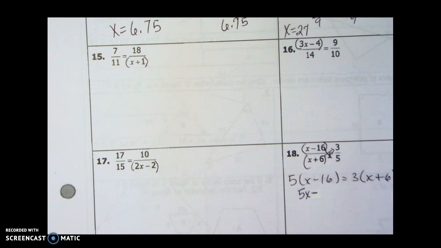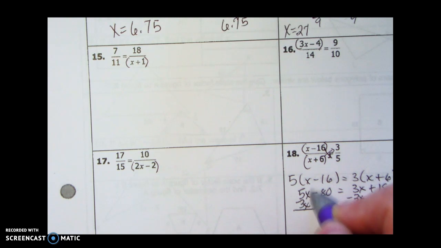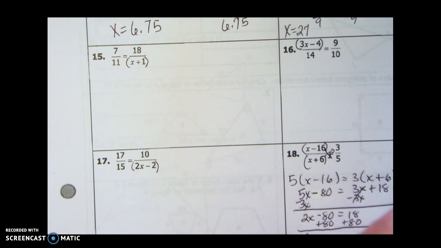And 5 times 16 is 80, 3x plus 18. I'm going to subtract this 3x. And that's going to give me 2x minus 80 equals 18. Then add 80. 2x equals 98.